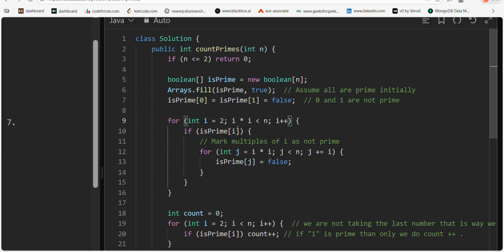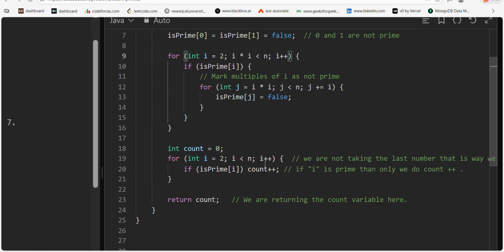If prime of i is true, then for j equals i times i, j less than n, j plus equals i, we set prime of j equals false. Multiples of i are removed because they are divisible by another number, such as 4, 6, 8. 9 is a multiple of 3, so those kinds of numbers we remove one by one in this loop.